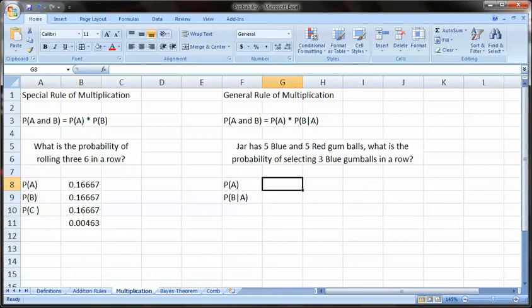Our initial condition states that there are 5 blue and 5 red, so 5 blue out of 10 total, 5 divided by 10. That is our probability, equals 0.5.